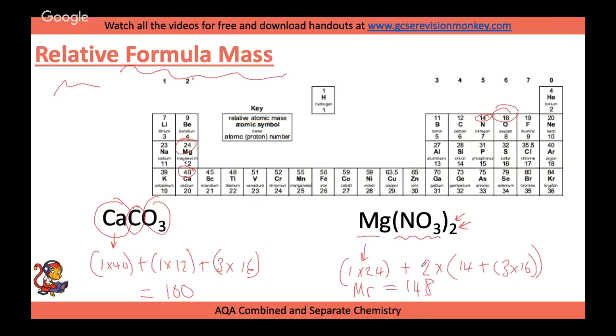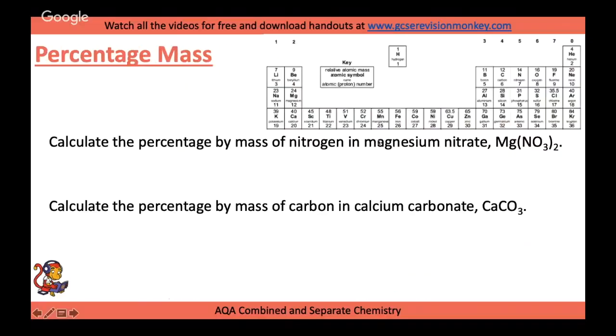Now, using these numbers, we're going to look at another skill called percentage mass. I find it easy just to remember that percentage is a little number divided by a big number times 100, certainly when we're looking at science calculations. So this says calculate the percentage by mass of nitrogen in magnesium nitrate. So we want to know the mass of the nitrogen divided by the mass of the whole lot.